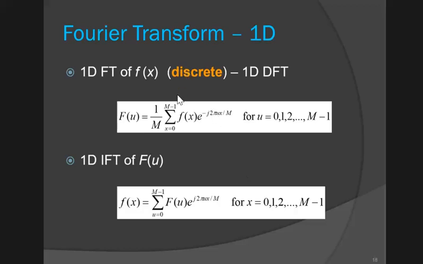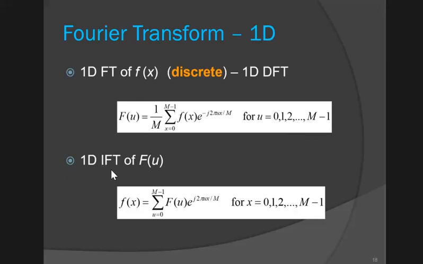So the equation for the 1D DFT of f(x) is given here. It is capital F(u) equals 1 by M, summation from 0 to M minus 1 of f(x) into e raised to the power minus j 2 pi ux divided by M. Here u is a frequency variable and it will vary from 0 to M minus 1.